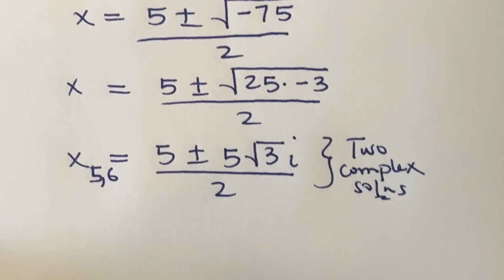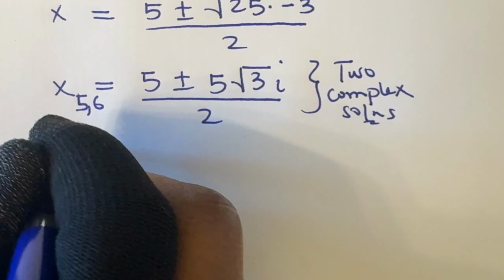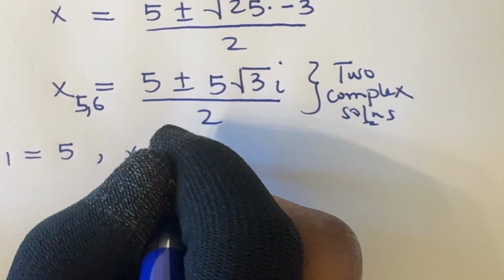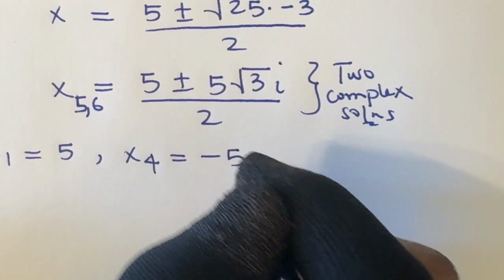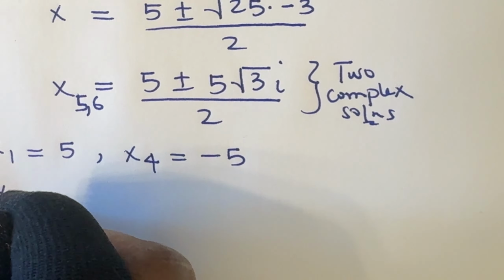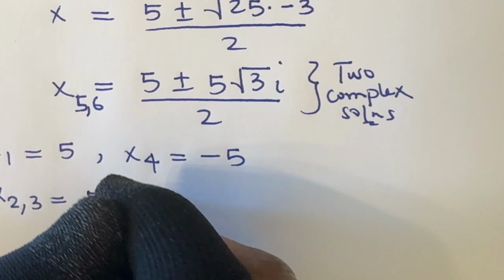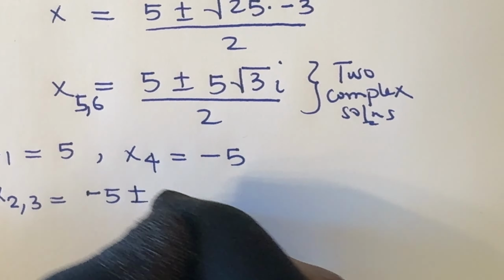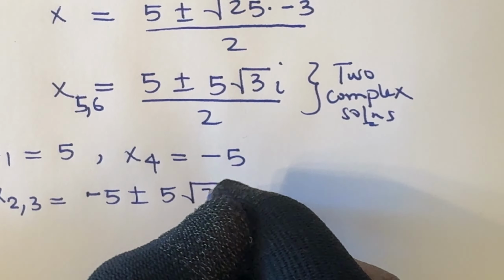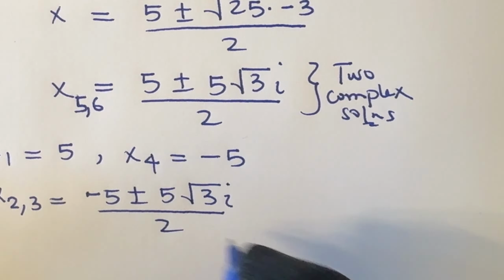So our x1 was 5 and x4 was negative 5. x2 and x3 were minus 5 plus or minus 5 root 3i over 2.